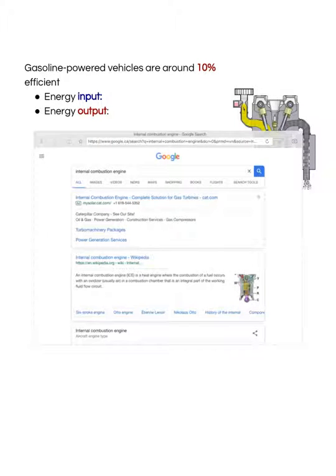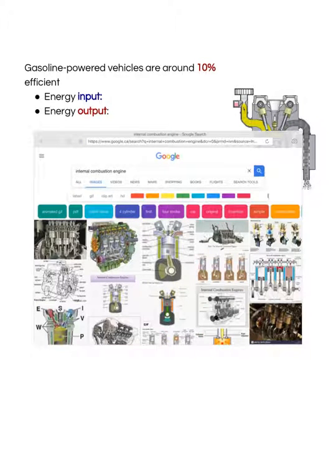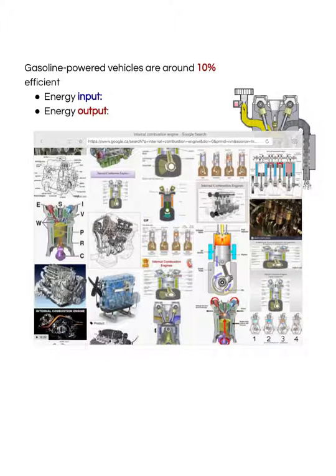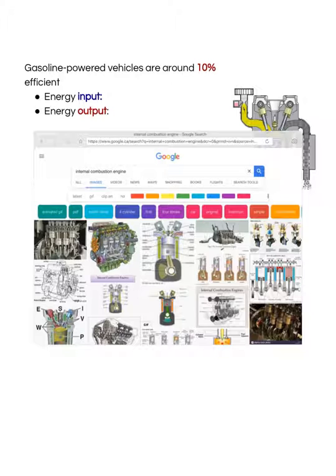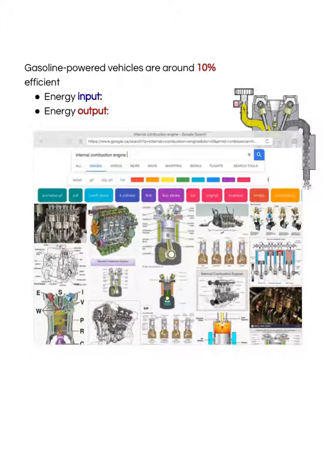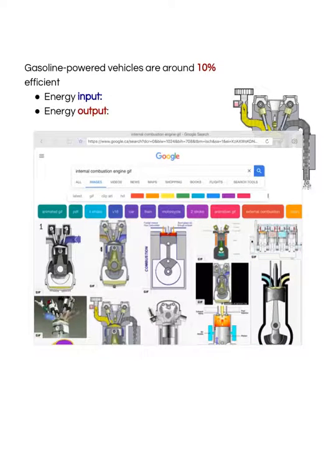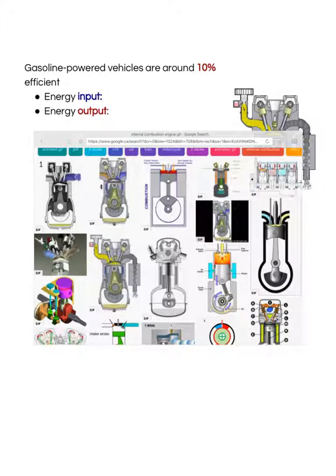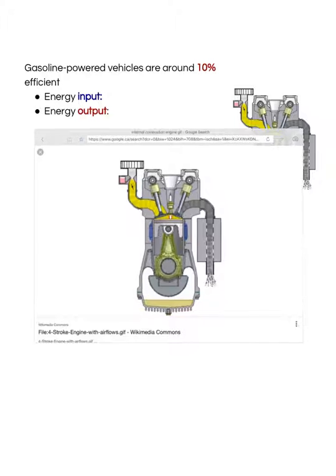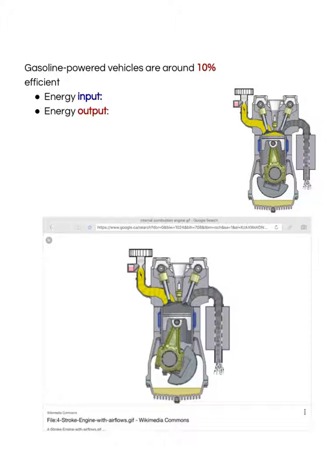I want an image of that. Let me type in GIF. Oh, there we go. This one looks good. All right, so let's take a look at this GIF here.